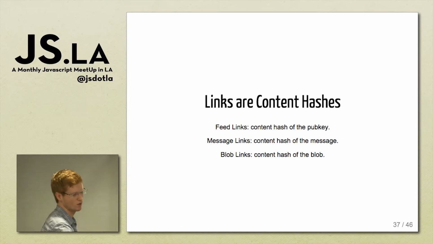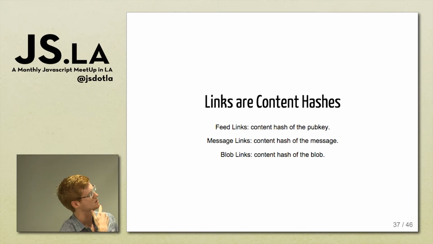The other convention is that we use links in this system, and the links are content hashes. Three sorts of links that we use: links to user feeds, links to other messages, and then links to blobs, just file objects, right? And these are how they're defined. Feeds are referenced by the content hash of their public key.